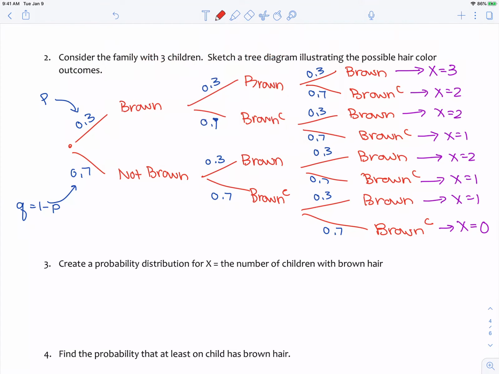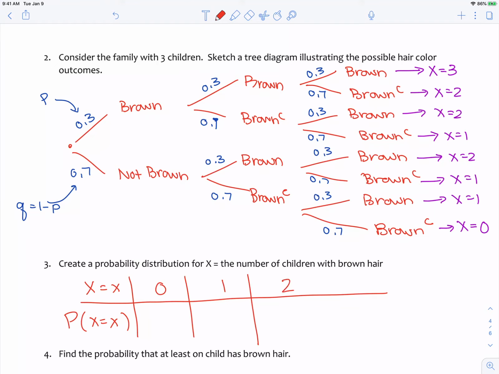Okay, so now we have our possible outcomes for X, and then the probability for X equaling x. All right, so we could have 0 with brown hair, 1 with brown hair, 2 with brown hair, or 3 with brown hair. Now the extreme cases, remember, are pretty easy because they're only happening on one of those branches. So to have no one with brown hair, it's happening in that bottom case, and that's just 0.7 times itself 3 times.